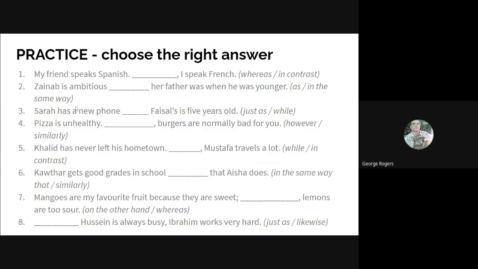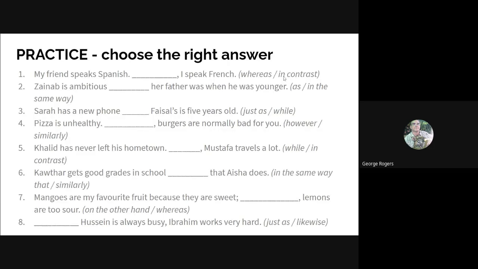So, my friend speaks Spanish, period. Blank, I speak French, period. Transition, 2 sentences, so it's a transition. Okay. And which of these would be better, whereas or in contrast?